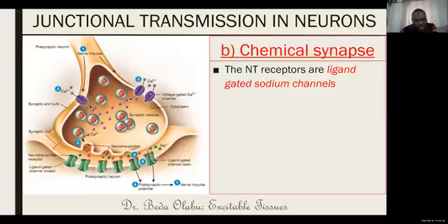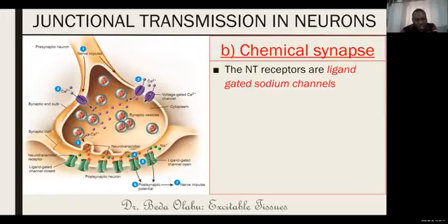Let's consider this to be the chemical. This chemical, which has been released here, can be uptaken, not important for neurotransmission, can be reuptaken, not important for neurotransmission, can undergo enzymatic degradation, again not important, but also it can bind to its receptors on the postsynaptic neuron.